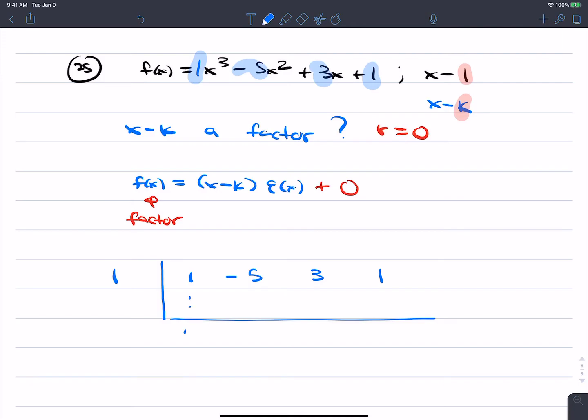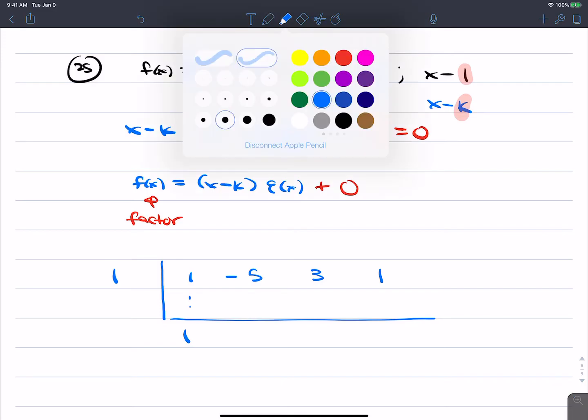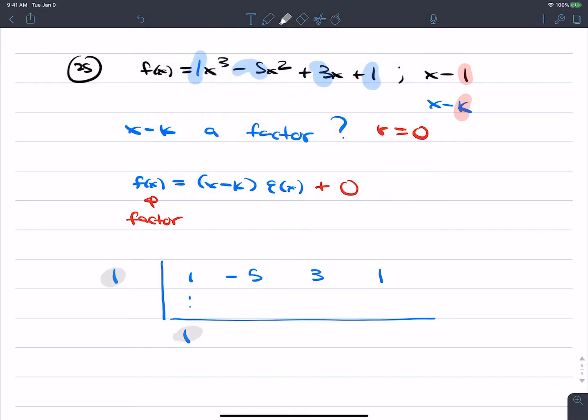So we start by bringing down the 1, and then 1 times 1 will be 1. -5 plus 1 gives you -4.